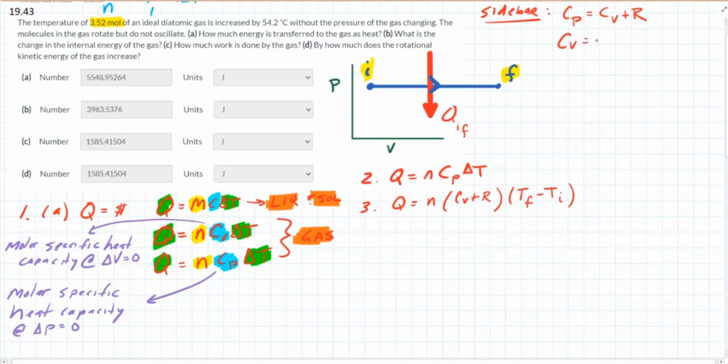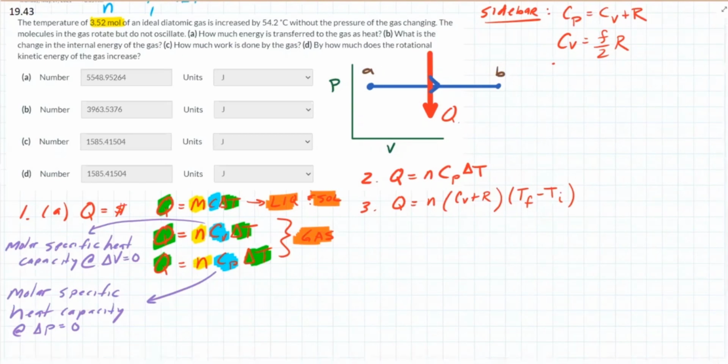CV equals F over 2 times R. And remember what F stands for. F doesn't stand for final state in this case. In fact, you know what I'm going to do just to avoid that confusion? I'm going to erase this. Instead of I, because I don't want to confuse terms, I'm going to call this from some initial state A to some initial state B, which means I have to update this.